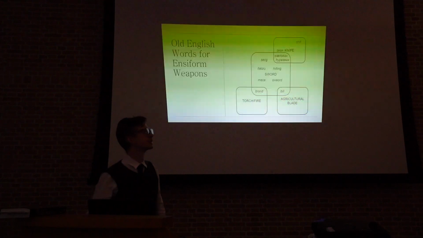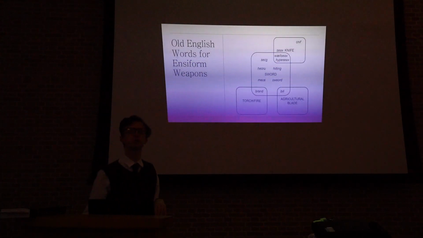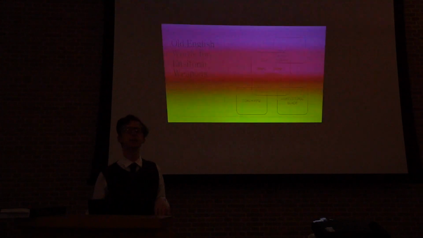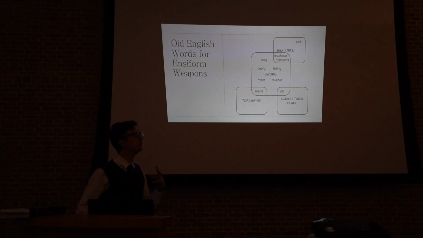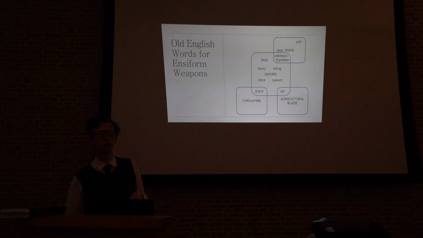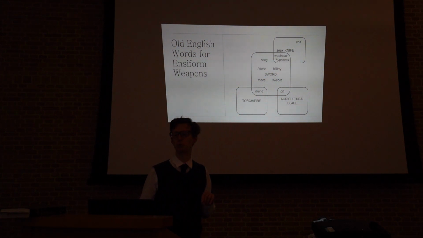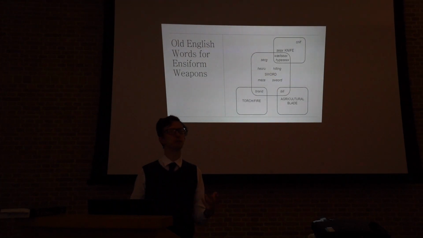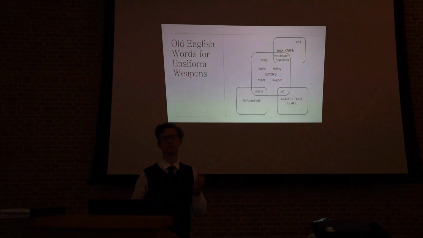And to begin with, I thought I would start with trying to give some sort of vague linguistic orientation to this. This is not a diagram that gives you every single word for something that might be a sword or sword-like in Old English, but it's at least a kind of starting point. So in the centre we have a large group of words which definitely seem to mean sword in the sense that we're probably all imagining.